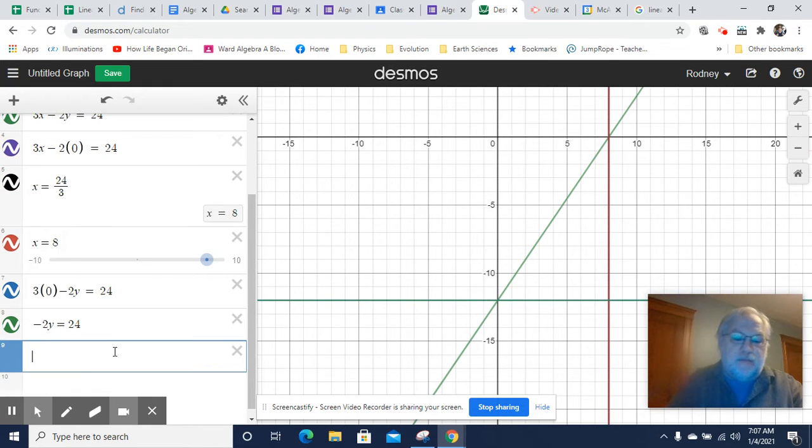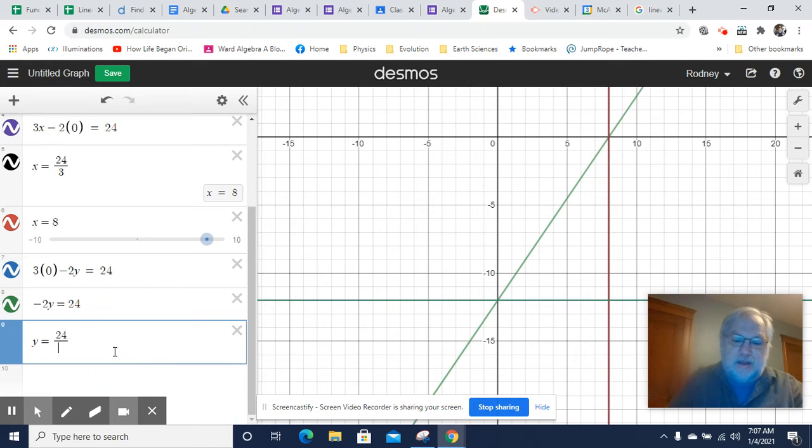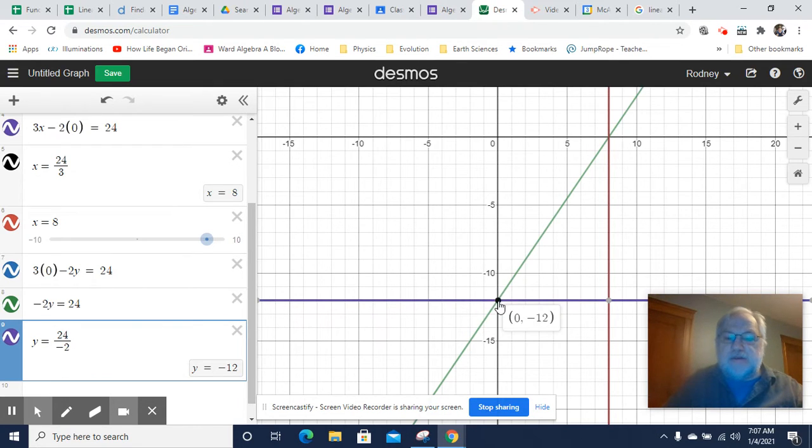And then we can divide both sides by negative 2. So y equals 24 divided by negative 2. Look at that. That's the c coefficient divided by the b coefficient. And that ends up equaling negative 12. And you can see right here, the y-intercept is at (0, negative 12).